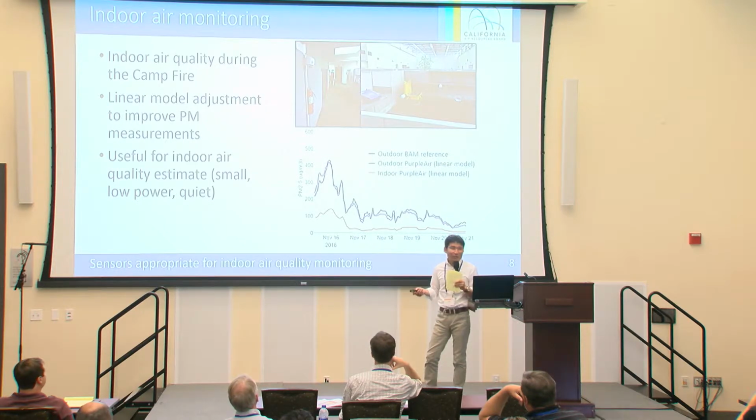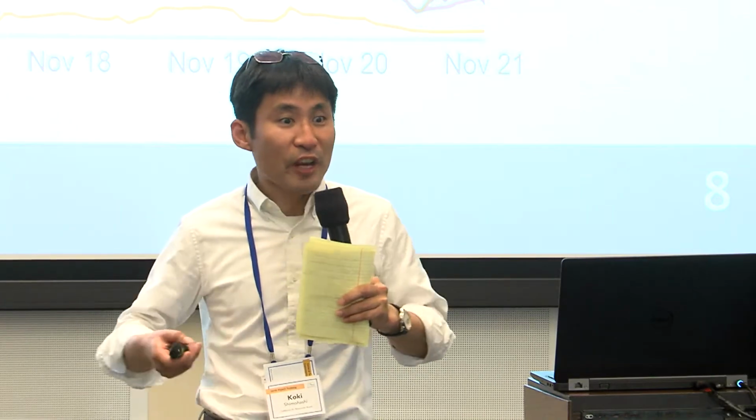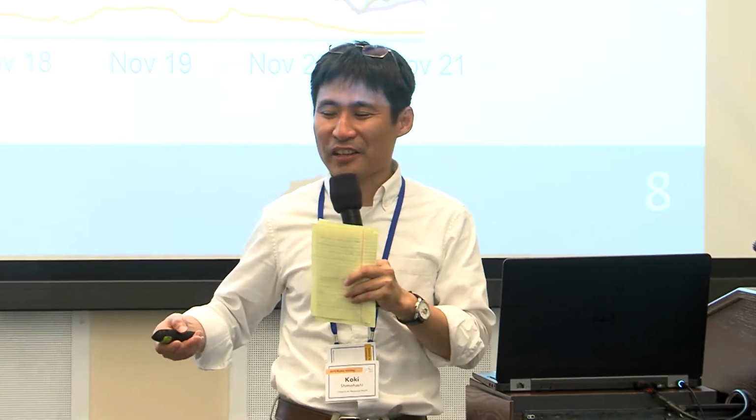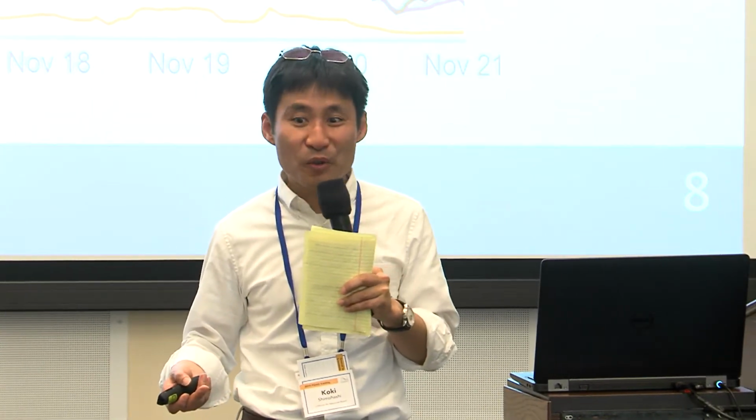But we didn't have data. So we first started thinking, why don't we just install some E-BAM or E-FEM instrument because it has good quality data, because we are ARB. But that comes with a pump, which is noisy and bulky, so we don't have that in a cube right next to you in the meeting room. So we decided to go with PurpleAir.